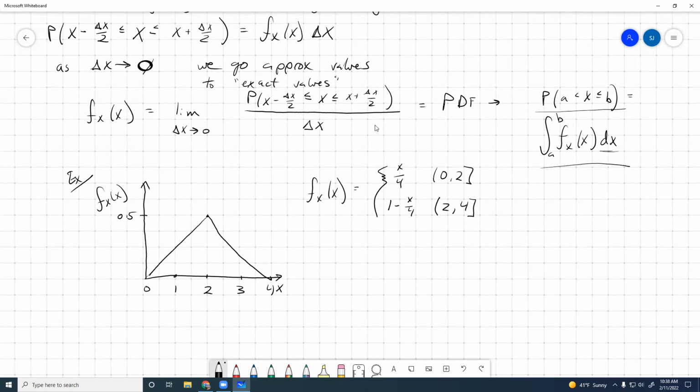So you're going to be doing a lot of these integrals. If we're interested in finding the probability of X being within some range, then all we do is integrate that probability density function with respect to X.